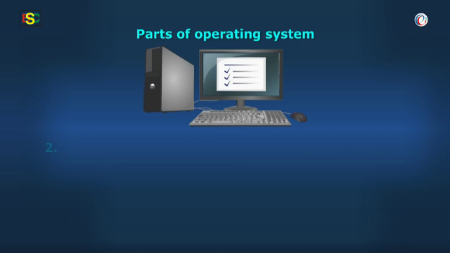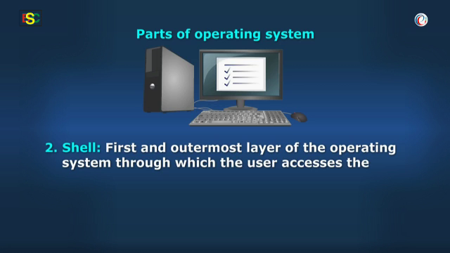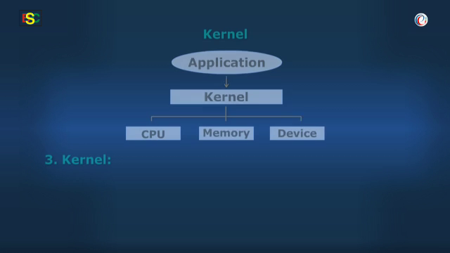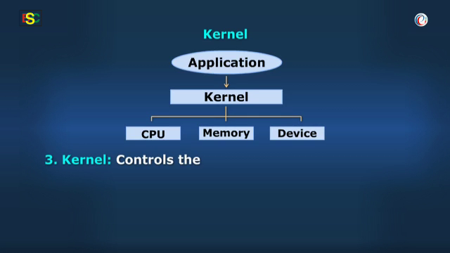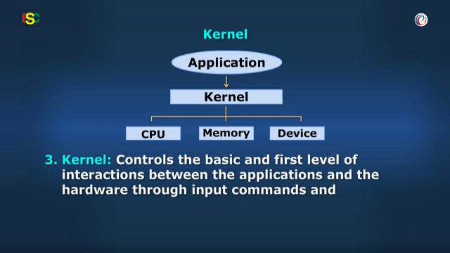process. Shell, which is the first and outermost layer of the operating system, through which the user accesses the services of the operating system. Kernel, which controls the basic and first level of interactions between the applications and the hardware through input commands and output responses.